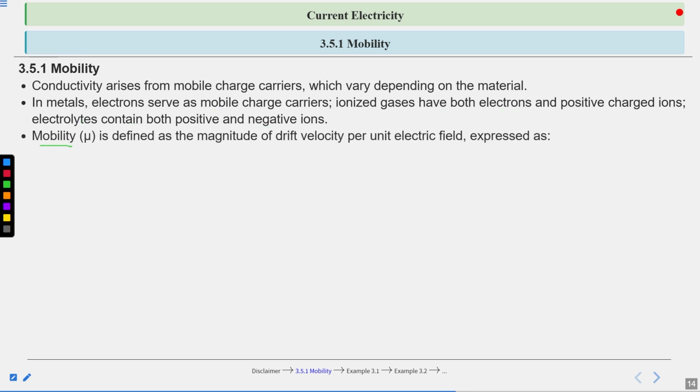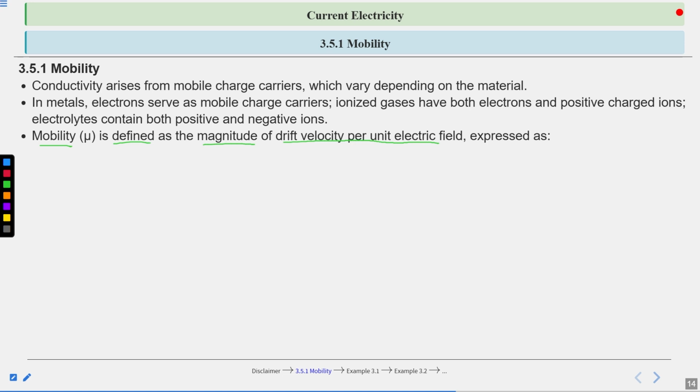Now, what is mobility? It is represented by the mu sign, and it is defined as the magnitude of drift velocity per unit electric field. That means, what is the drift velocity of an electron if we apply a unit electric field across the ends of the conductor?